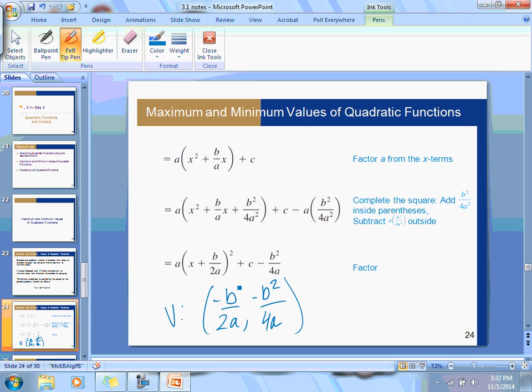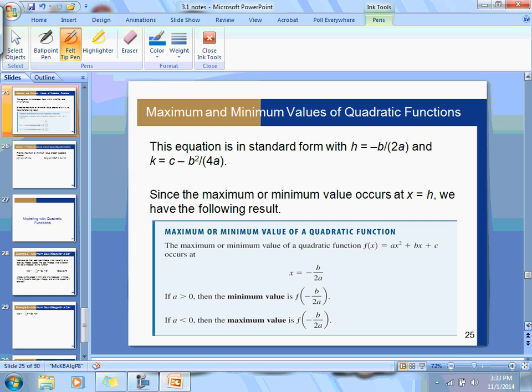So this value here, this x value or the h value in your vertex, or the x value in that ordered pair, that's going to tell you where to start so that you can find your minimum or maximum value. So that's why that number is so important. That equation is so important. So that is the negative b over 2a equation that they're using right here.